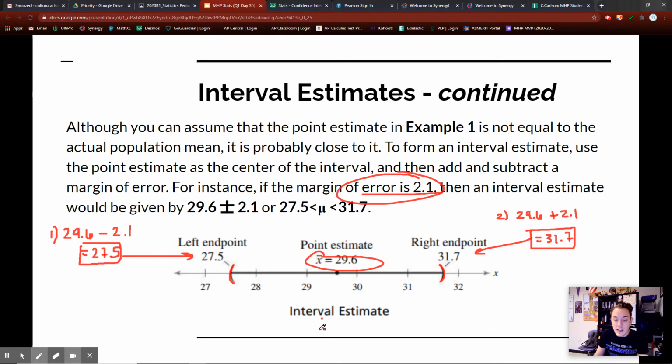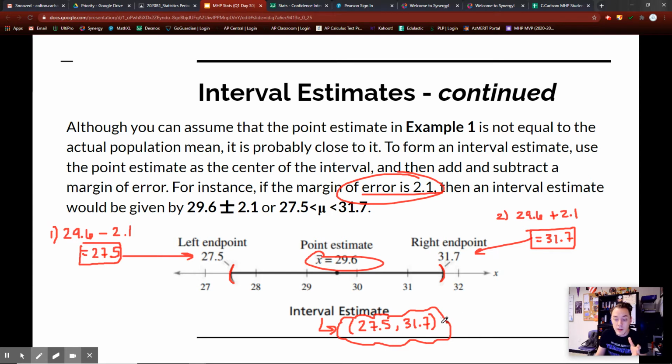I can write this as 27.5, comma, 31.7. This technically is what we call my confidence interval. Sort of, kind of. Just roughly, my interval estimate.